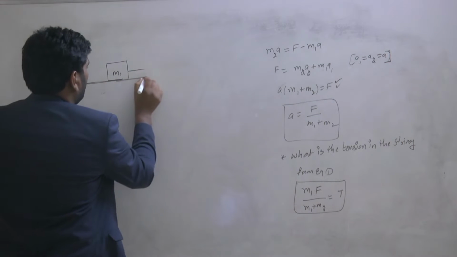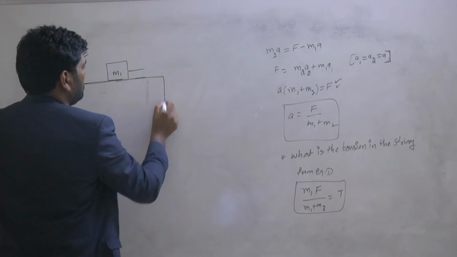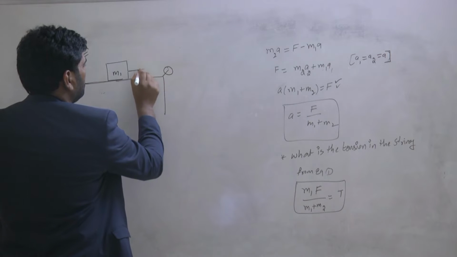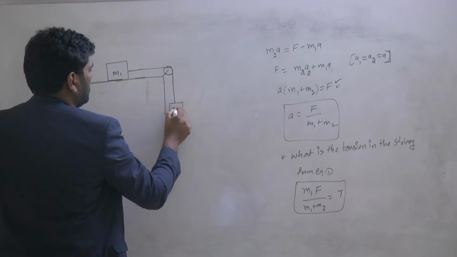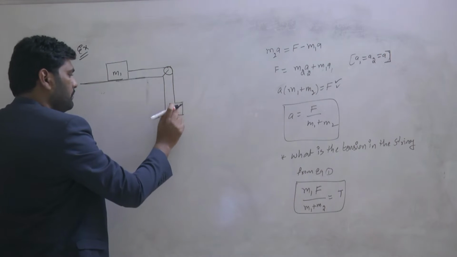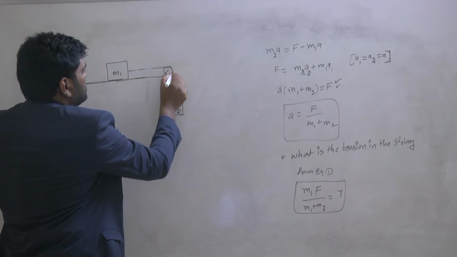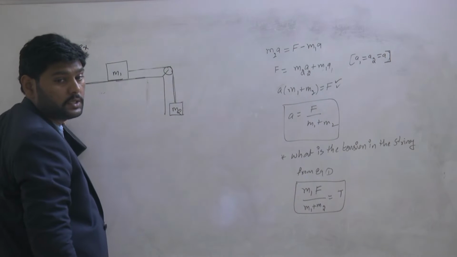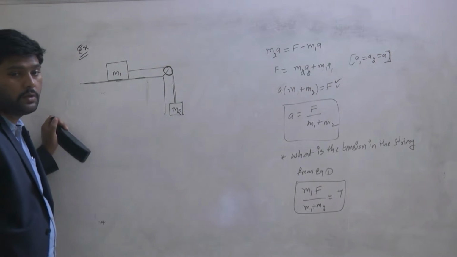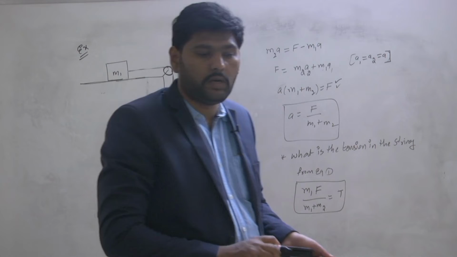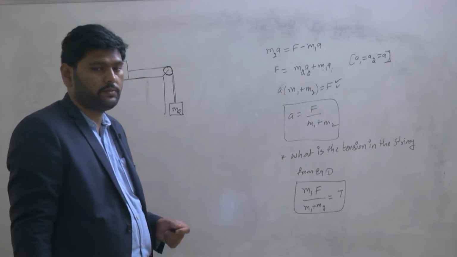So this is a table. This table is connected to a pulley. This pulley is connected to a mass M2. Actually this string is massless. The string is massless. This pulley is frictionless and massless. Now in this case also, how do you find the acceleration of mass 1 and mass 2?